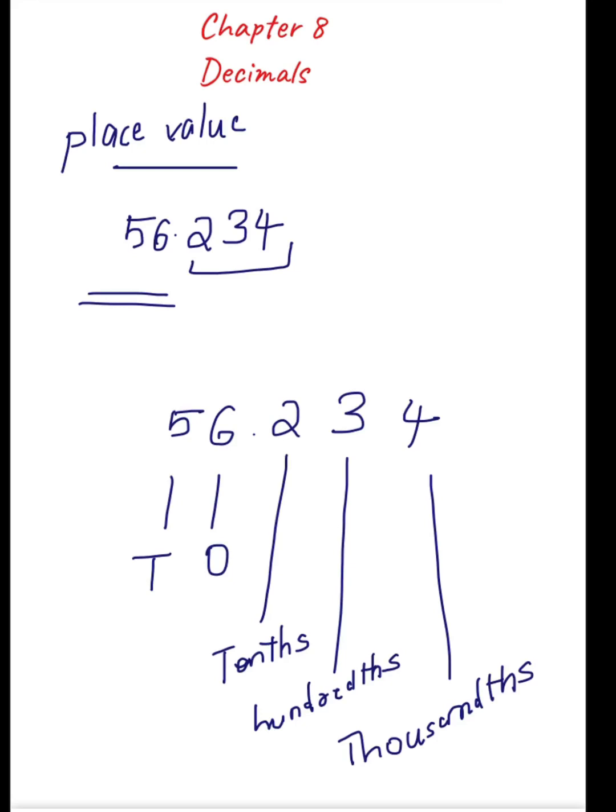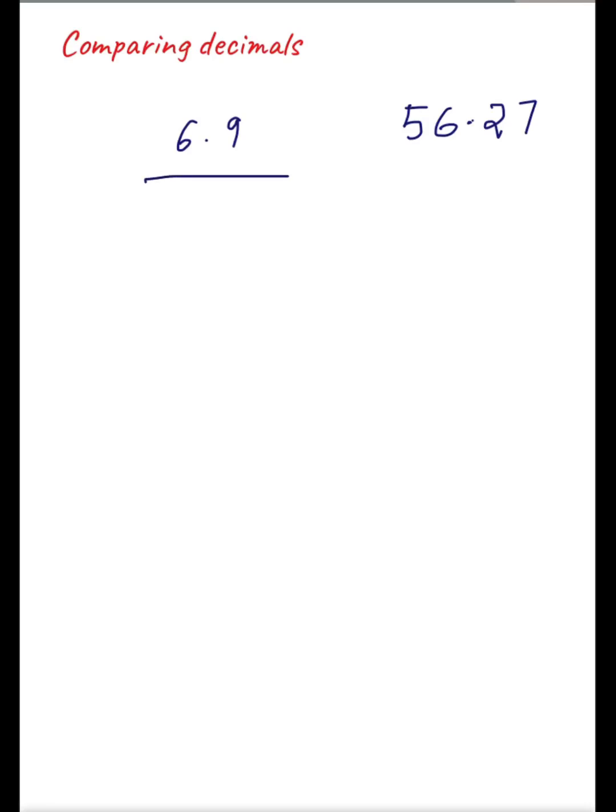Now let's discuss the first topic, which is comparing decimals. How will you compare decimals, or how can you say which is the greatest decimal and which is the smallest? Let's see that. For comparing decimals, let's take an example. Suppose I am comparing these two numbers, 6.9 and 56.27.